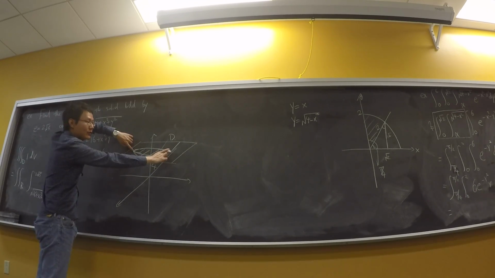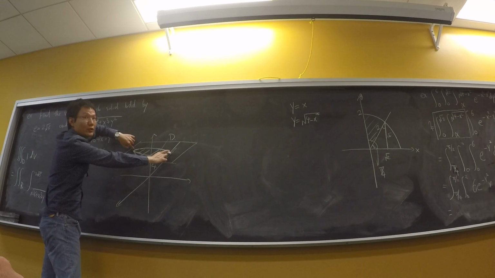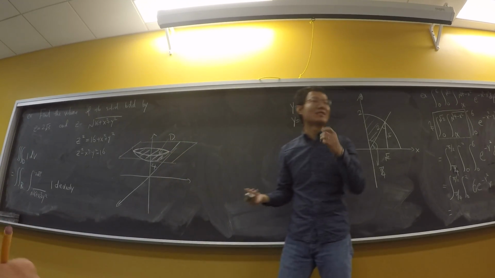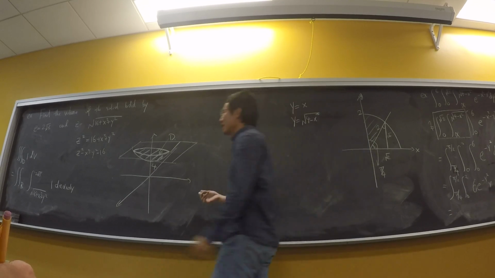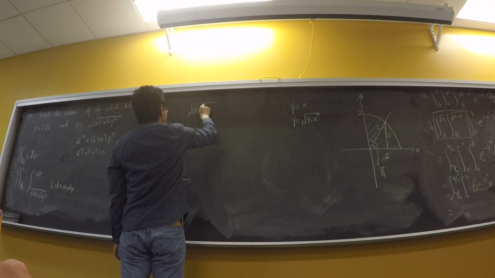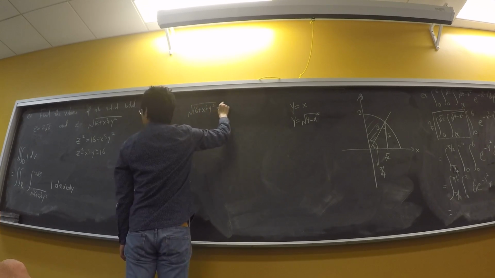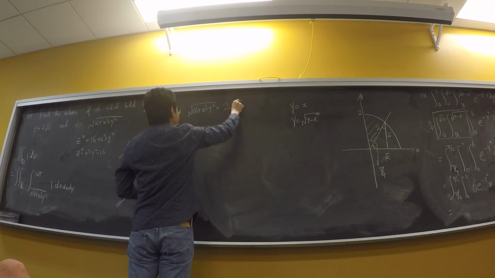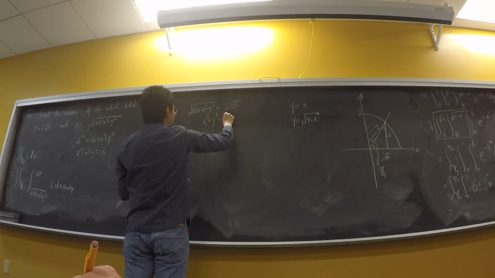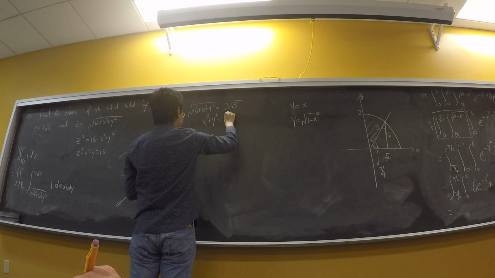I need to find the intersection between these two surfaces. How do I find the intersection? Make them equal to each other. This is pretty easy. So it's square root of 16 plus x squared plus y squared equal to 2 square root of 5. I square both sides and do all the mathematics. It's going to be 20, so x squared plus y squared is going to be 4.